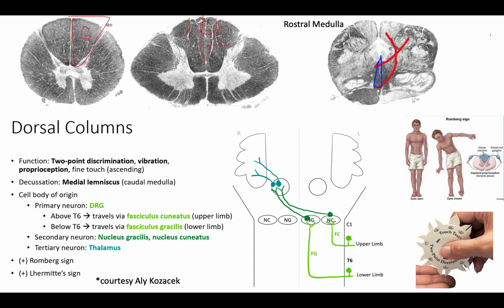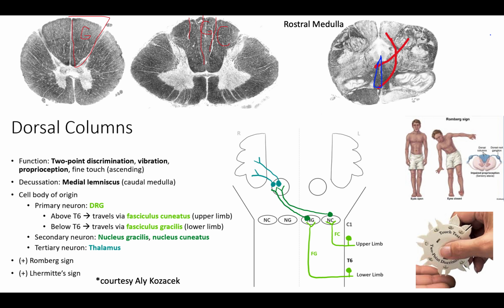So, a big thing to keep in mind is that the spinal column for your dorsal columns has two different divisions. If it's below T6, it's going to go into the fasciculus gracilis. This is going to be doing all of your proprioception, fine touch, everything that I described earlier, only it's for your legs.